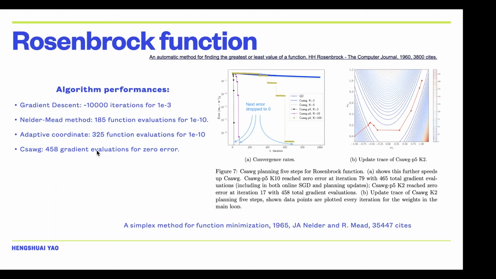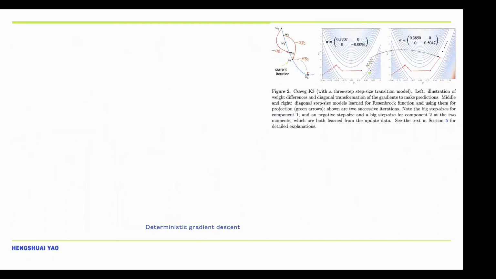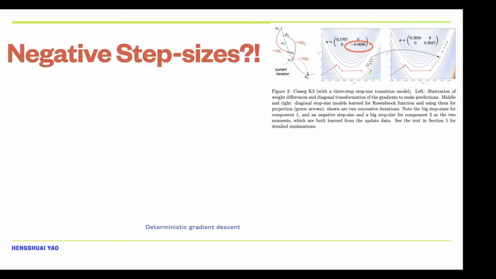You might have noticed there's a negative value here in alpha 2. This alpha 2 can actually be way more negative than the value shown here. Negative step sizes, negative values. Why does it make sense? Well, look at the literature.